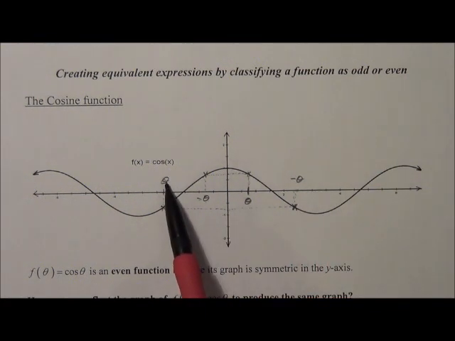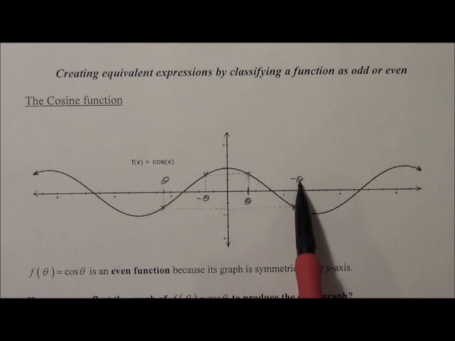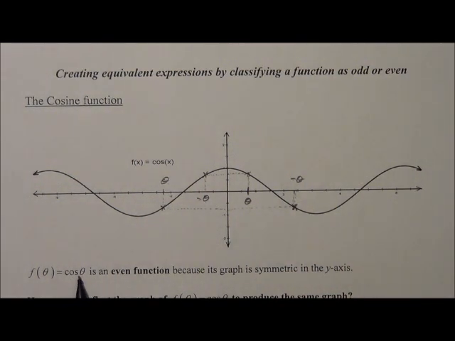Because if theta here is negative, then a negative theta would be a negative negative, which means a positive theta here, would be the same distance from the y-axis. Okay, this shows that cosine is an even function because it is symmetric about the y-axis.